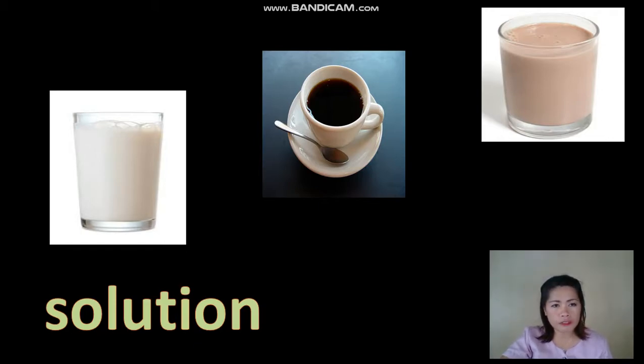The solute, for example, in the milk, we have powdered milk, in the coffee we have coffee powder, and in a chocolate drink we have cocoa powder. They dissolve into the hot water, which is the solvent, and voila, now it will form a solution.